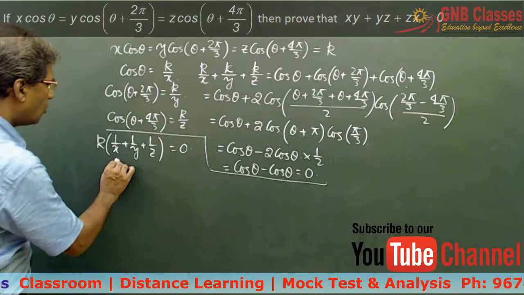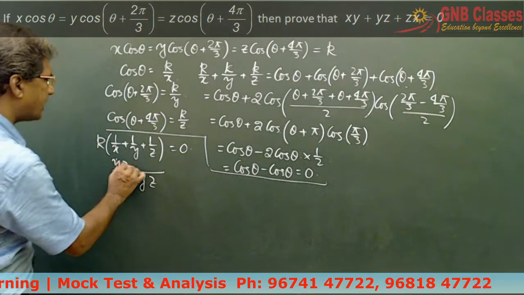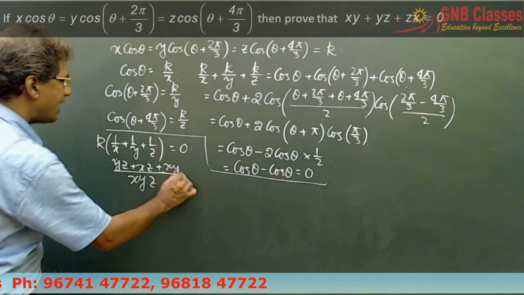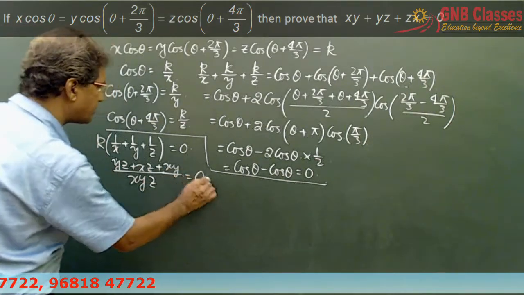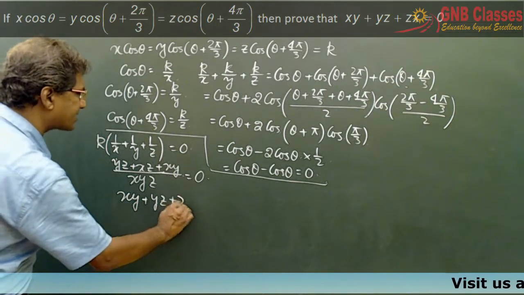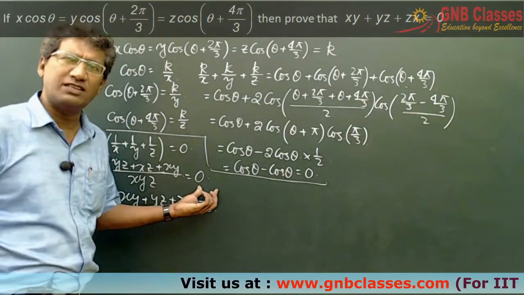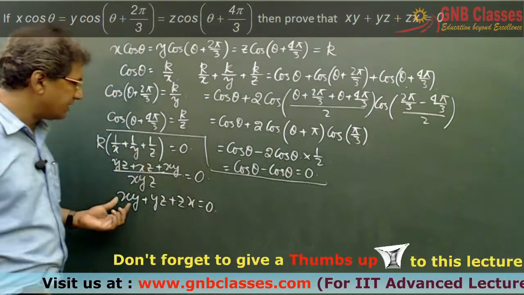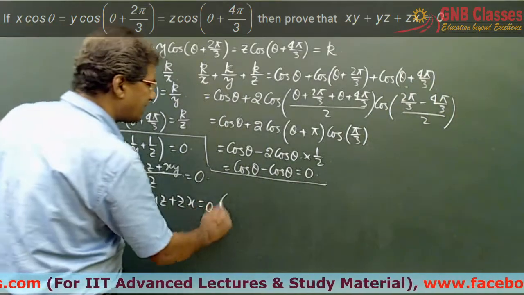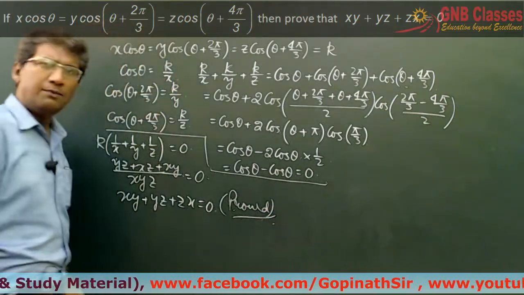Therefore if I take the LCM xyz, in the numerator we are going to get yz plus xz plus xy, and this k will come down, so it will become 0. So xy plus yz plus zx will be equal to 0, because if we cross multiply with xyz with 0, that will give you 0, right? Therefore we have proved that xy plus yz plus zx is nothing but 0 for this problem. Have you understood this? Absolutely.